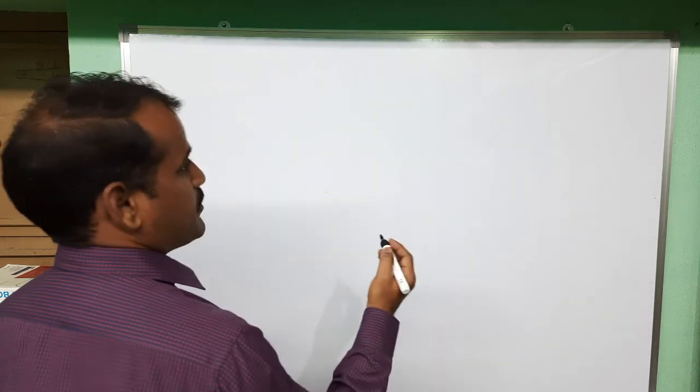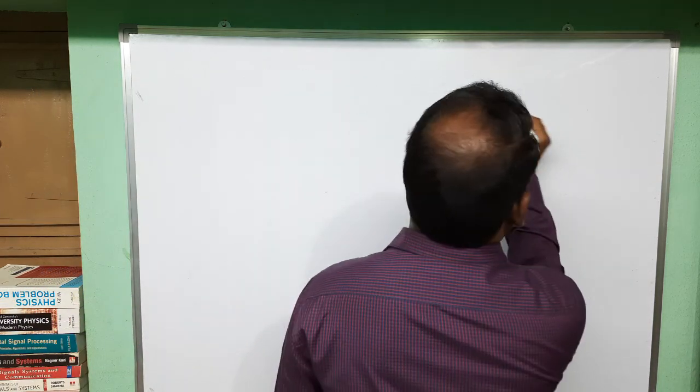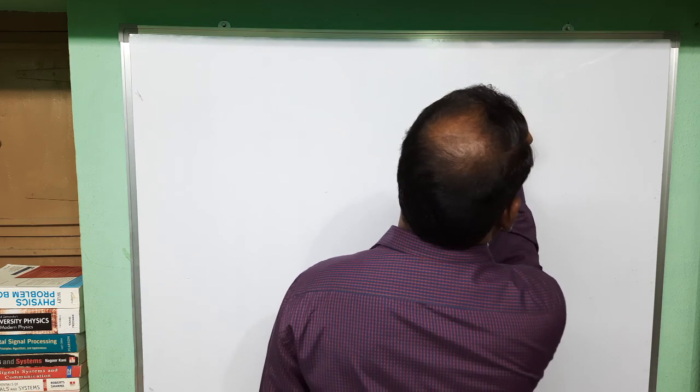Now we are going to see a problem from the unit current electricity. Observe the circuit given in this problem. I am plotting first. Here a configuration of resistors is given like this.